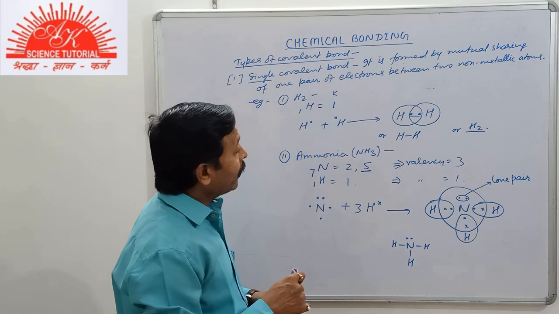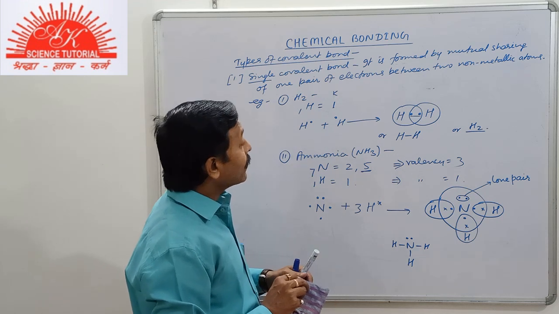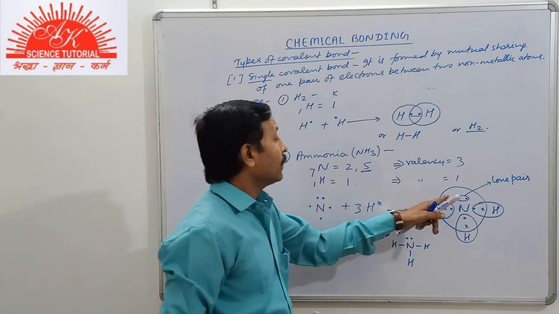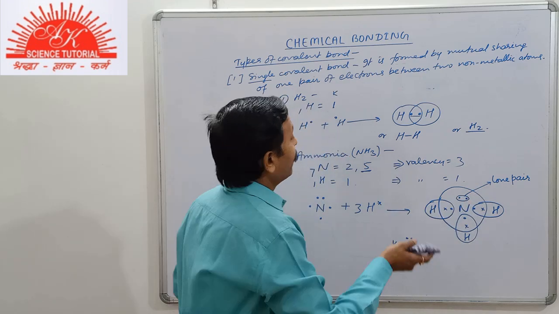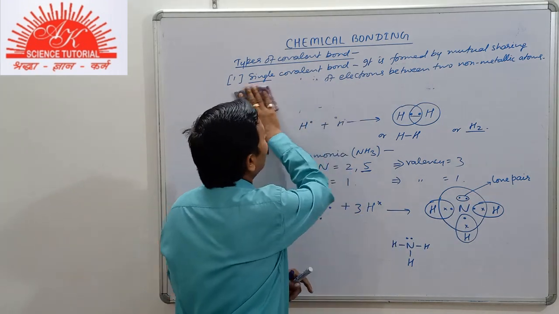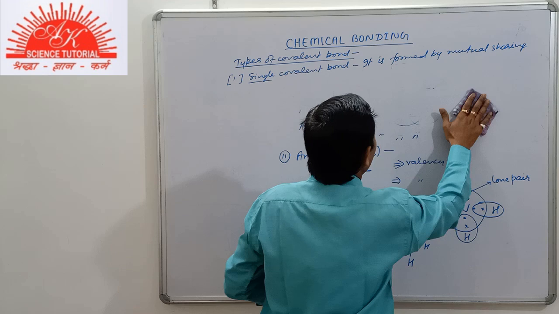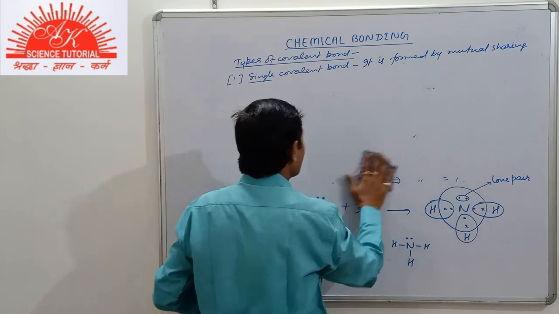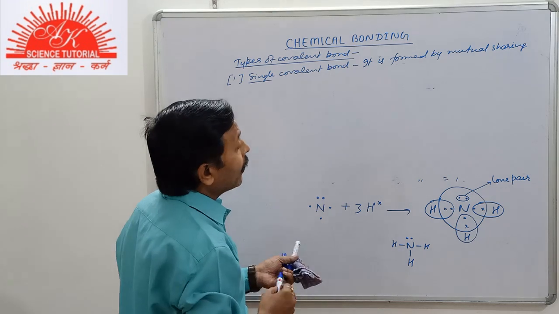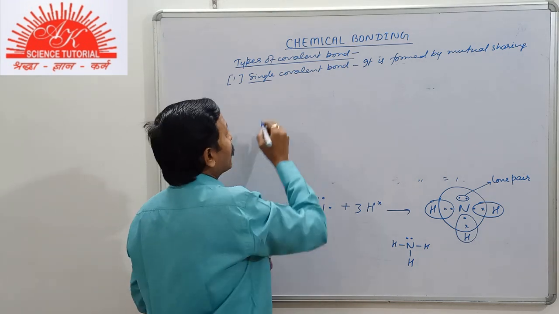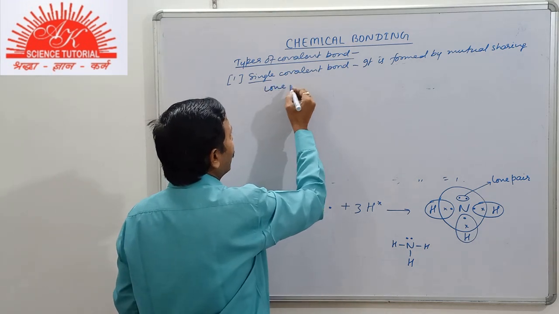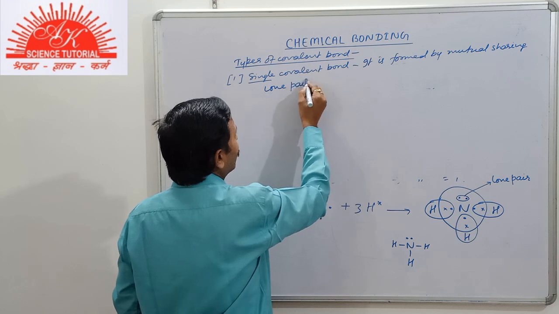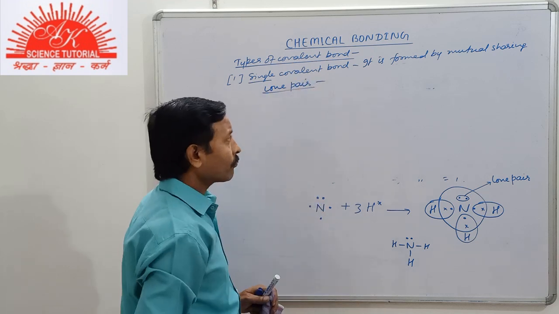Now, here in this ammonia molecule, there is an unshared pair of electrons that is also known as a lone pair. So, just define lone pair. It will be useful in the later topics. So first of all, let us define lone pair. Then we will take more examples.